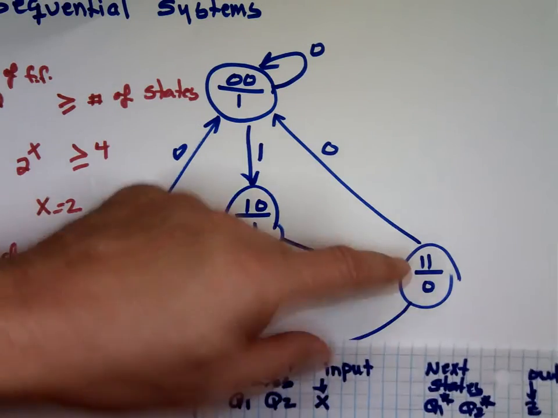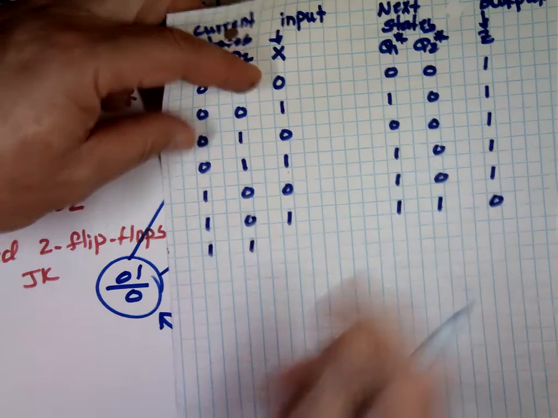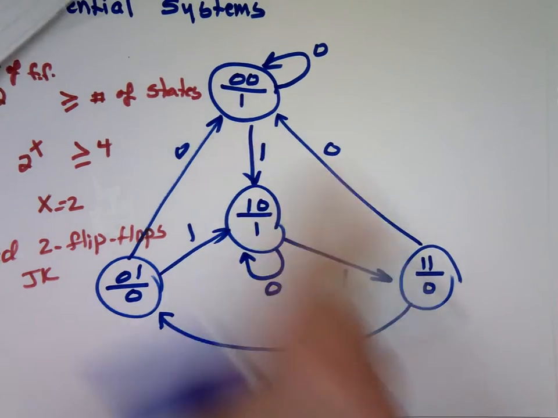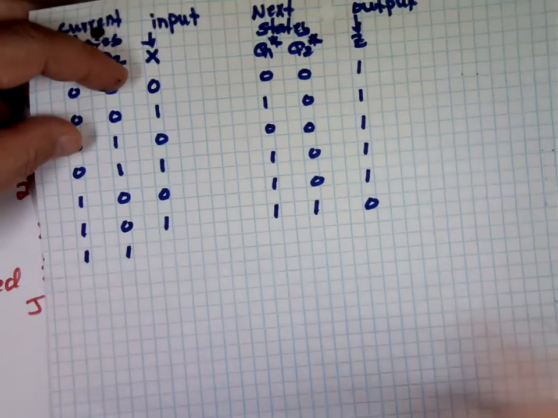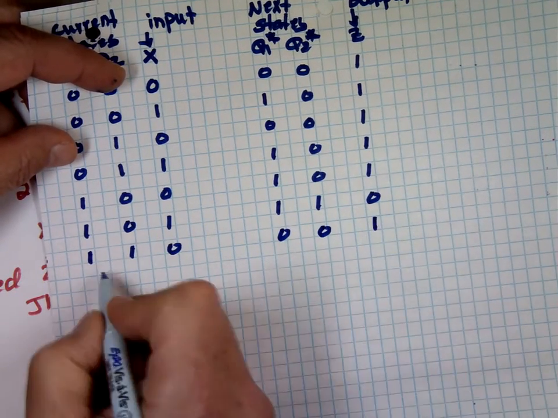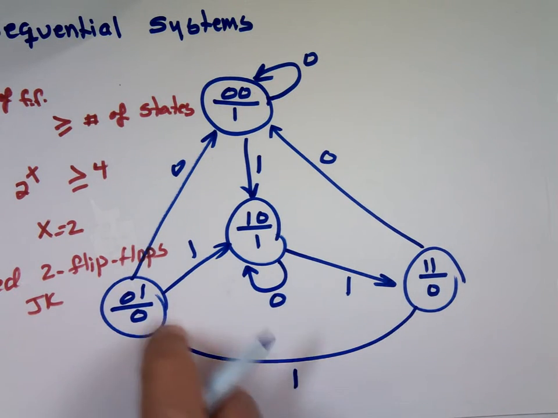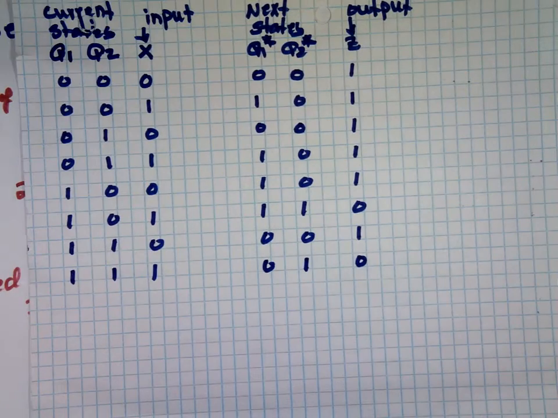If I'm state 1, 1, and my input is 0, you go to 0, 0, your output is 1. If I'm at 1, 1, my input is 1 right here, you go to 0, 1, and your output is 0. That's the truth table for it.